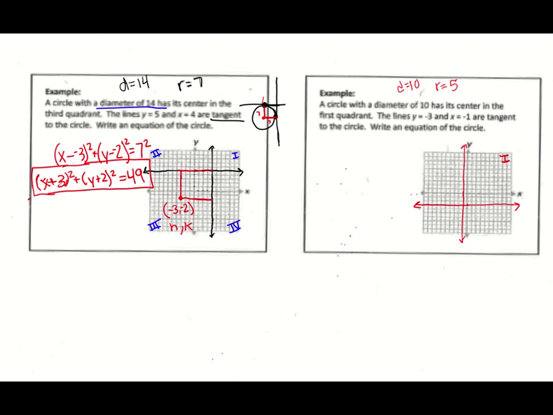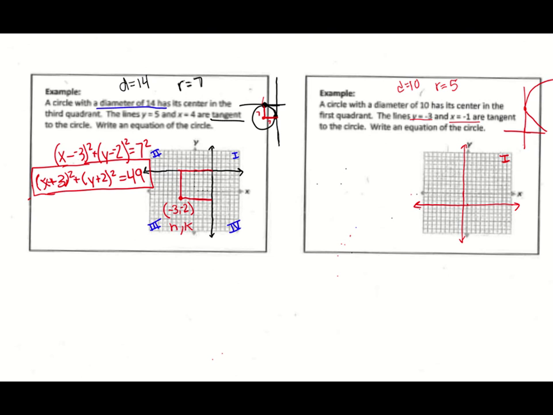Notice how, as I read this, I label each piece as I read it. So I'm not trying to read the whole thing. I'm going piece by piece here. So my lines negative 3 and negative 1 are tangent to my circle, and it's going to be in the first quadrant. So again, if I draw a quick sketch here, these are my two tangent lines. Means my circle is only going to touch in one place on each line.